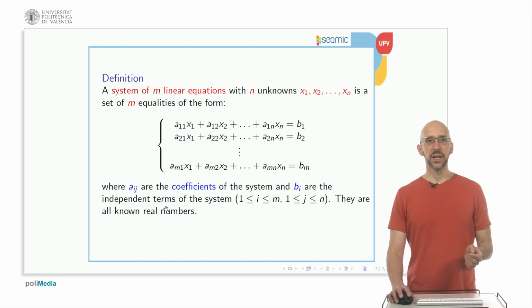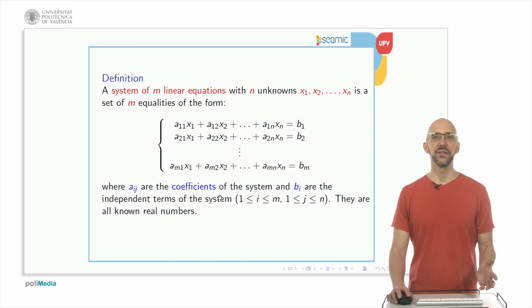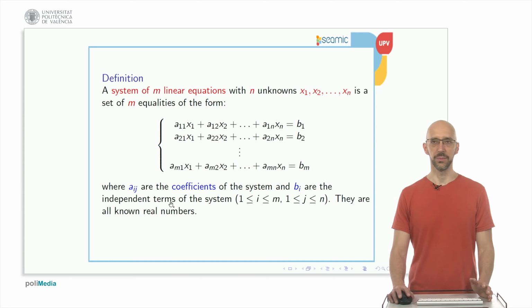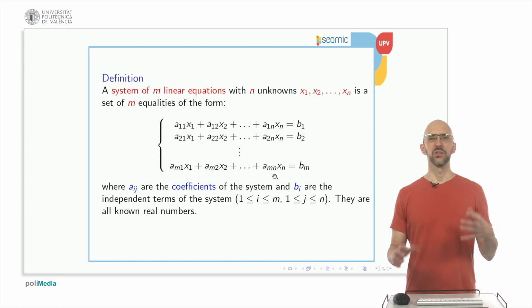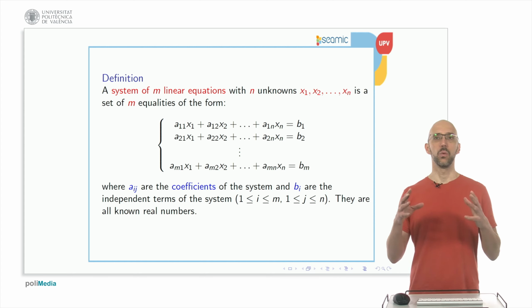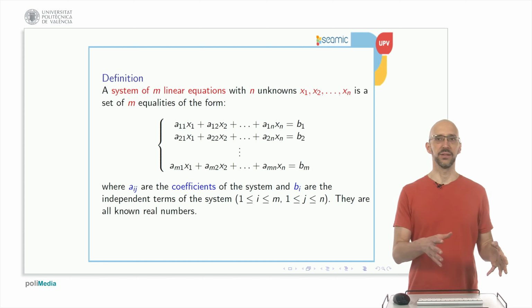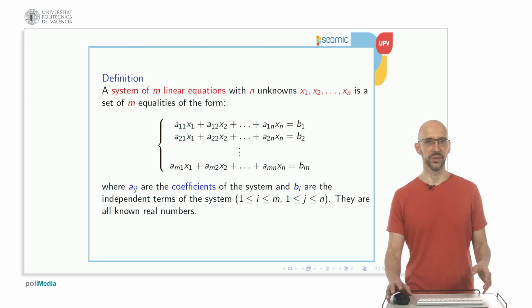These numbers are called coefficients of the system, and the numbers on the other side of the equality are called independent terms of the system. They are all real numbers: a11, a12, a1n. The reason I'm using this notation is that we are going to move to matrix form in no time, and it's the same coefficient notation we had with matrices.